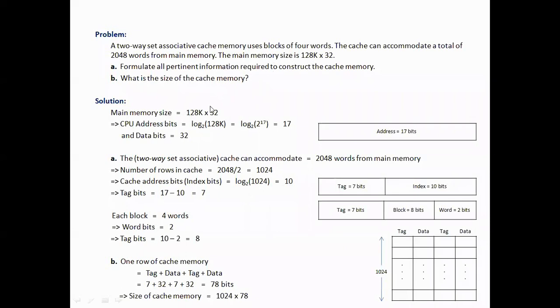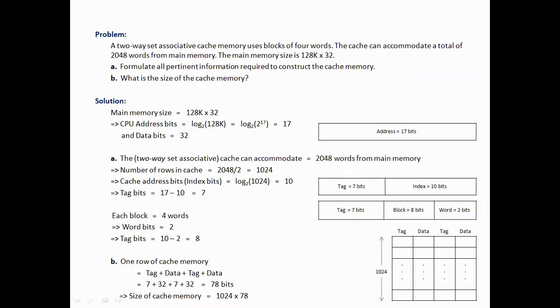The size of main memory is given as 128K into 32. Two things we can easily deduce from here. The first thing is, how many bits will be there in the CPU address? The address line will obviously contain log to the base 2 of 128K bits, which comes out to be 17.